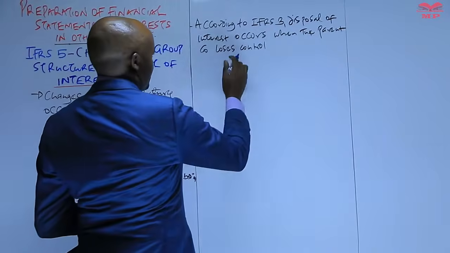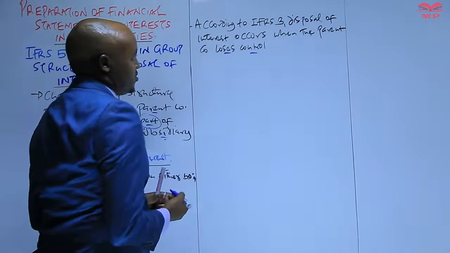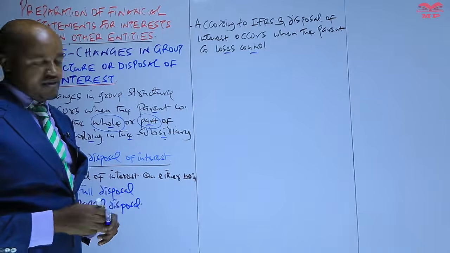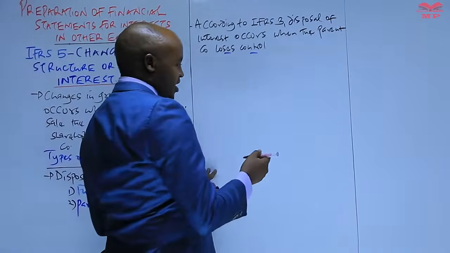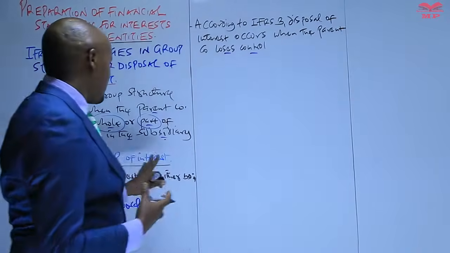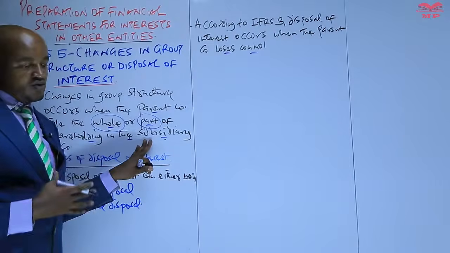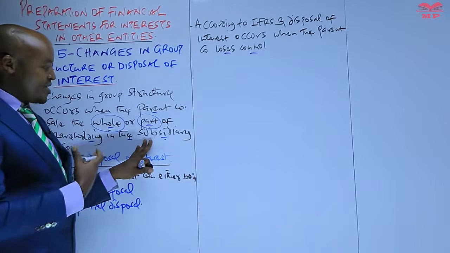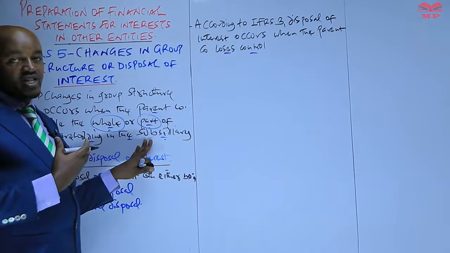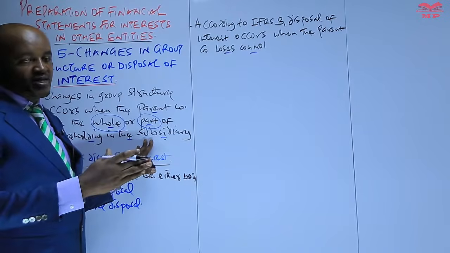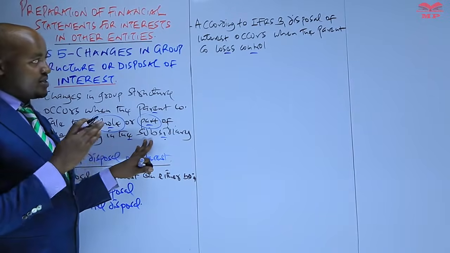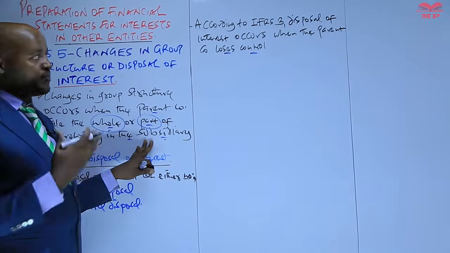Basically what that means is that the parent company will sell some of the shares and retain shares which are less than 51%. That is the time the disposal takes place.